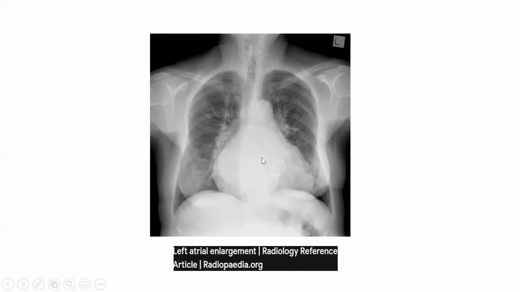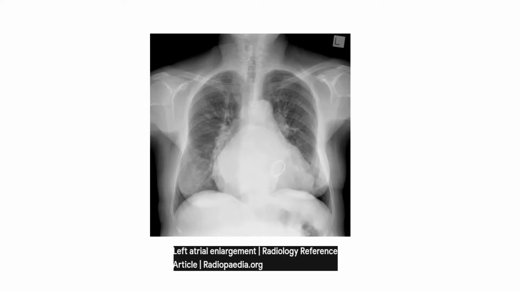If the left atrium is big enough, it comes here and prints its shadow silhouette. So you see a double density sign, RA density and left atrial density. Double density sign indicates a dilated left atrium. Okay, so this is a dilated left atrium.